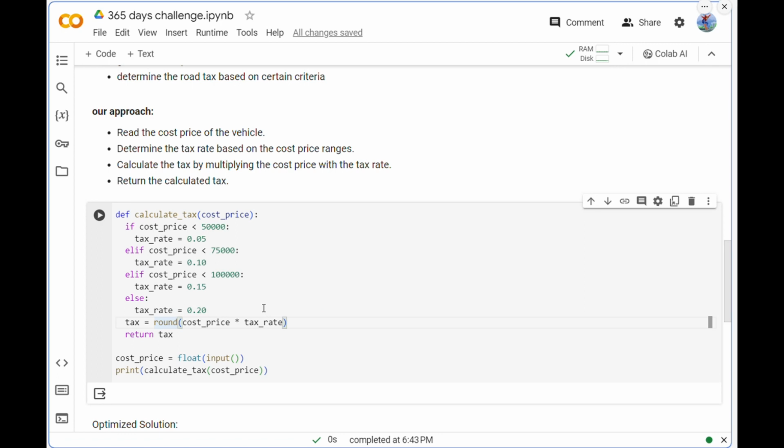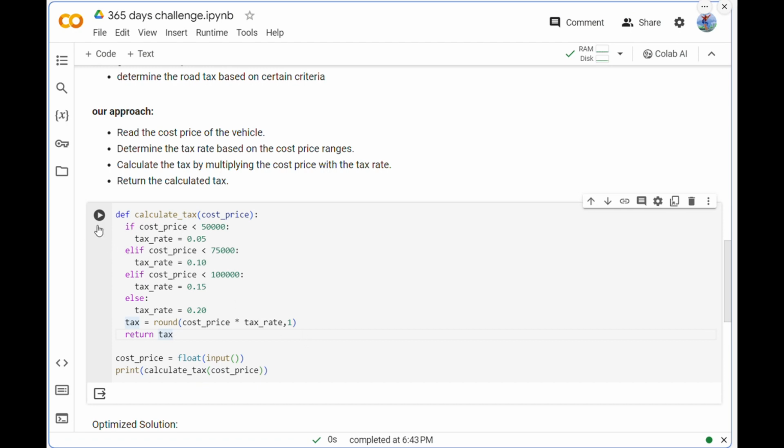So how to round that? We will calculate this tax by multiplying our tax rate by our cost price. Now we will round it to 1 decimal point, and we will return whatever value we get, and then we will print that value. So that's what we are basically doing here.